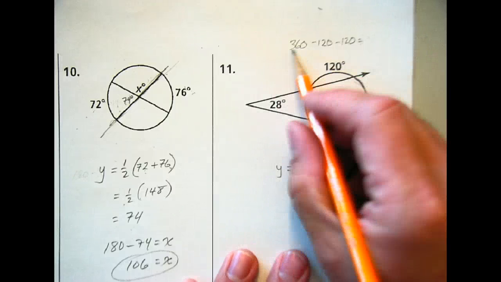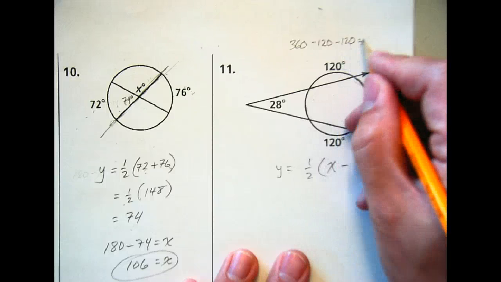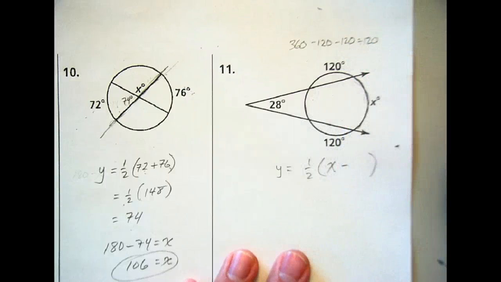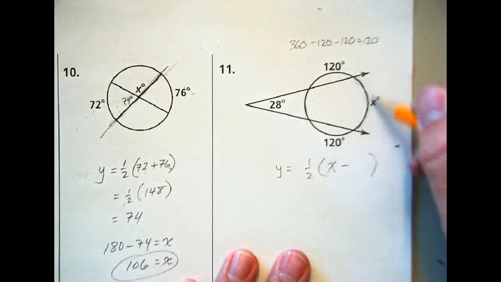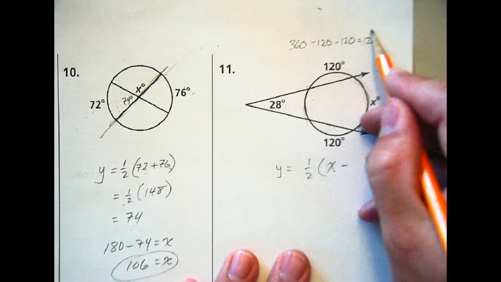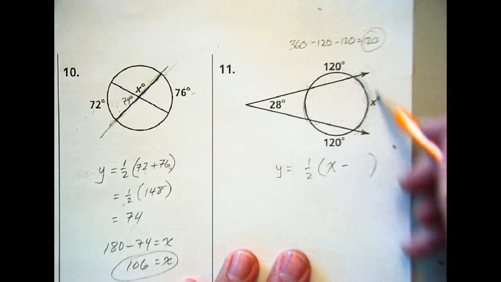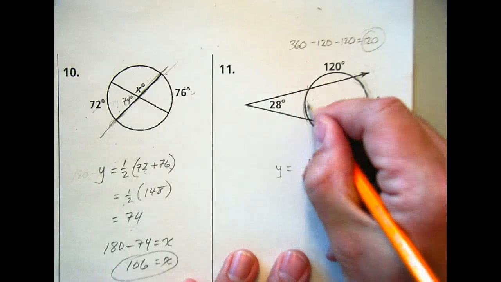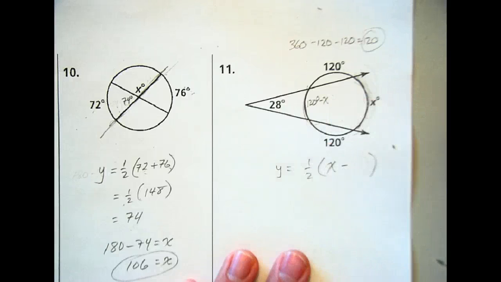Okay, so that gives us how much left? 120. And that 120 degrees, you're saying you have to split between here and here? Everyone see that? There's only 120 degrees left, and it has to be split between here and here, and we've already used x of it up. So that means this has to be 120 degrees minus x, minus what we used over here.